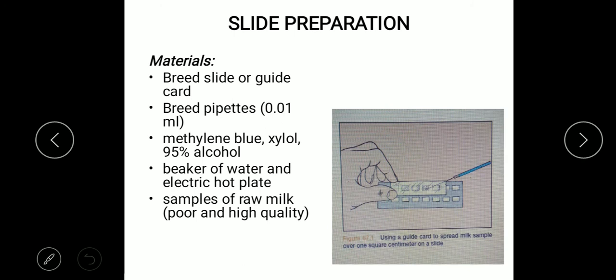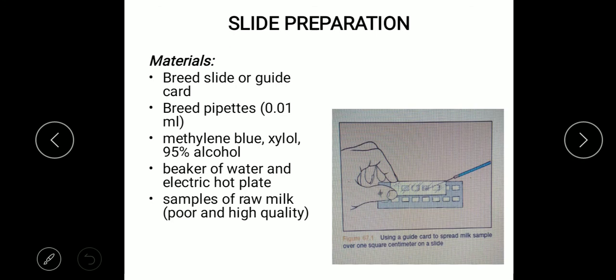After we remove the xylol by flooding the slide with 95% ethyl alcohol, gently immerse the slide into a beaker of distilled water to remove the alcohol, and we should not hold it under running water. The milk film will wash off.